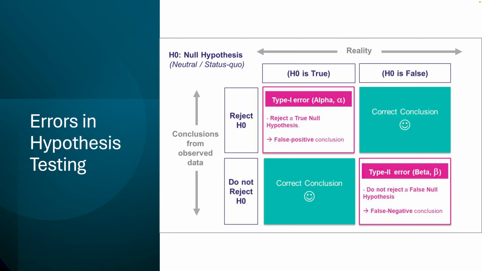On the other hand, something which is not true in reality, but because of the sampling process, we believed it to be true. That's a false negative. So these are the two risks that we work with while doing our hypothesis testing.